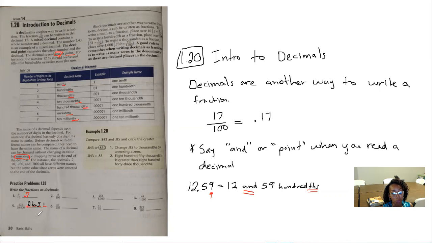Now what they're going to do, they're going to start giving us the number like this and then asking us to make it a fraction or read it, okay? For this one, I would just look at tenths, hundredths, thousandths, ten thousandths. That would tell me what to put in the denominator, 10,000. And then the number is 631 on the top, okay?